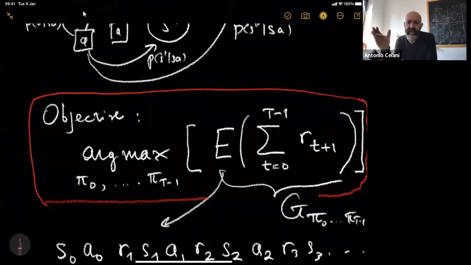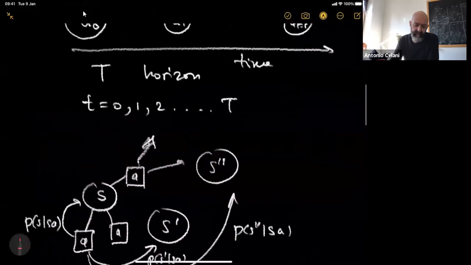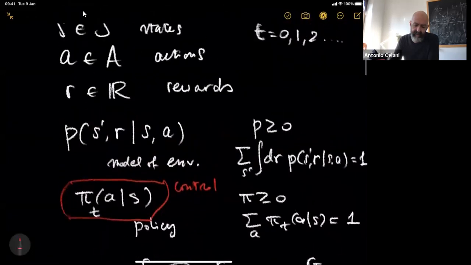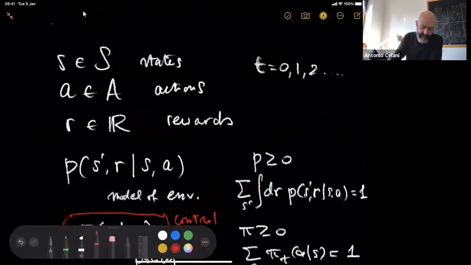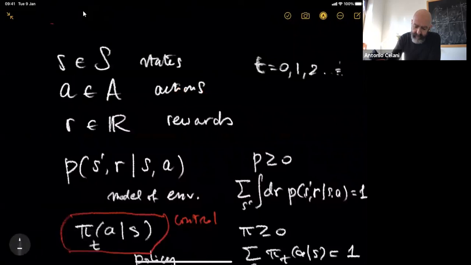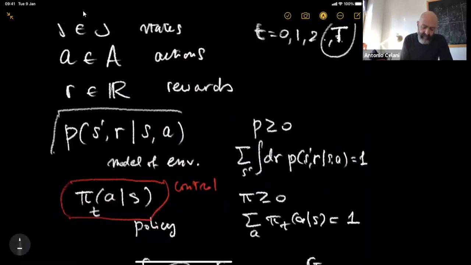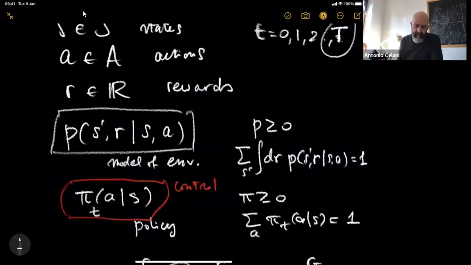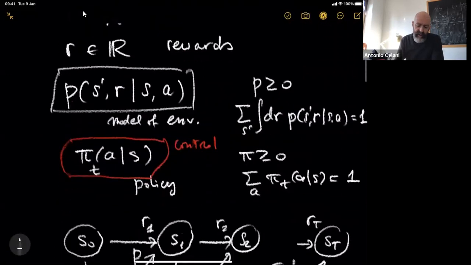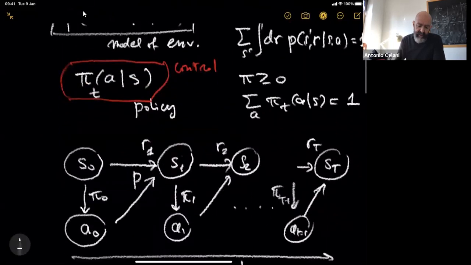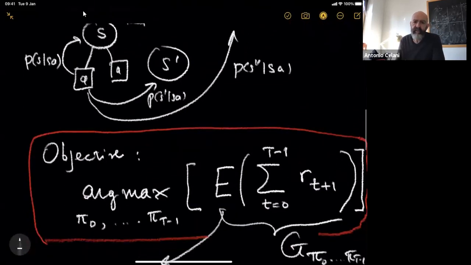So you fix a horizon, and then you're asked: what is the best control, in red here, to achieve this goal? How do I compute it? That's the goal for today.